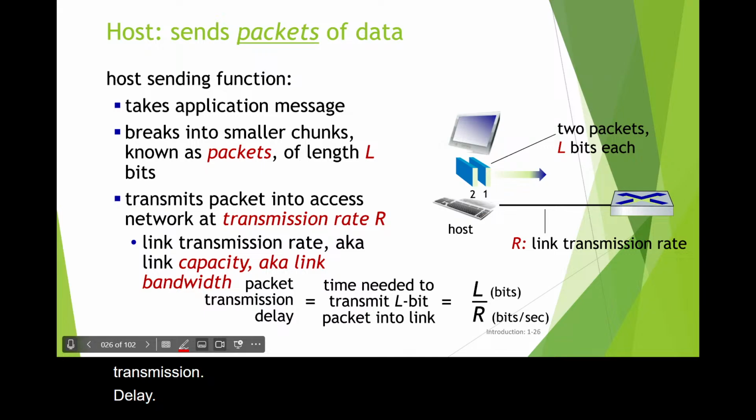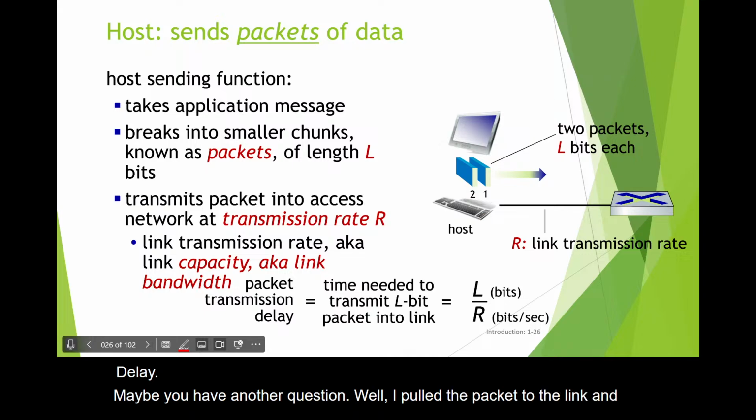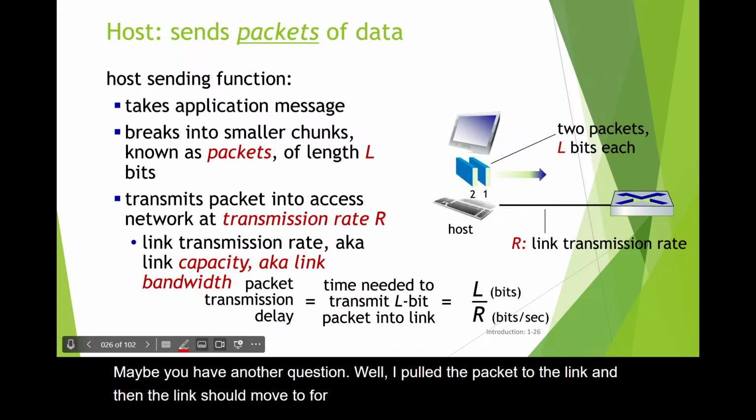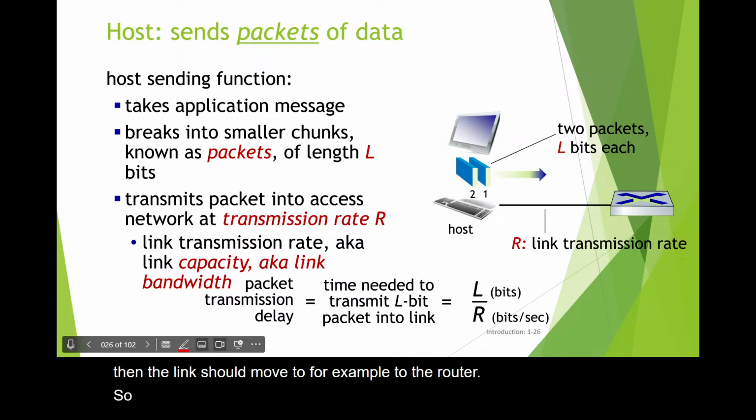Maybe you have another question? Well, I put the packet onto the link, and then the link should move it to, for example, the router. So the transmission delay defines the time from the host to the transmission line.